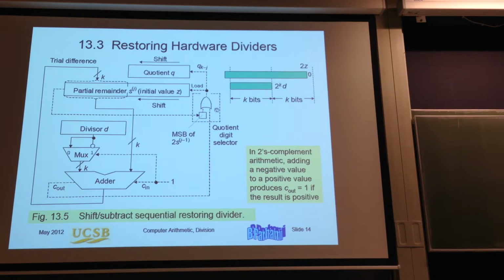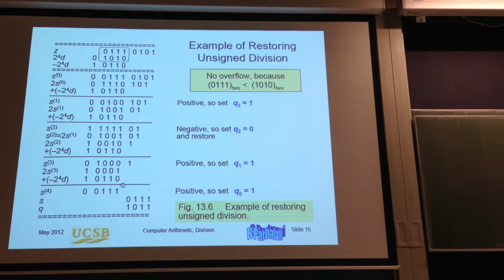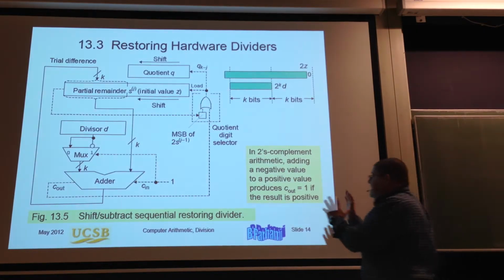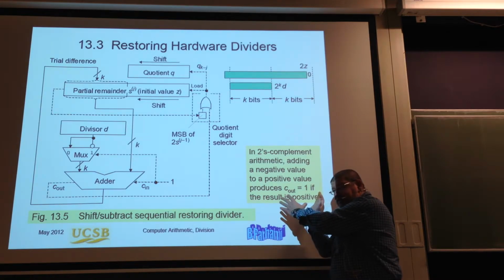Now, how do I know that this result is positive? This result is positive whenever this is positive, and I can tell that by looking at the carry out of this adder. You should not assume that this holds true in general.